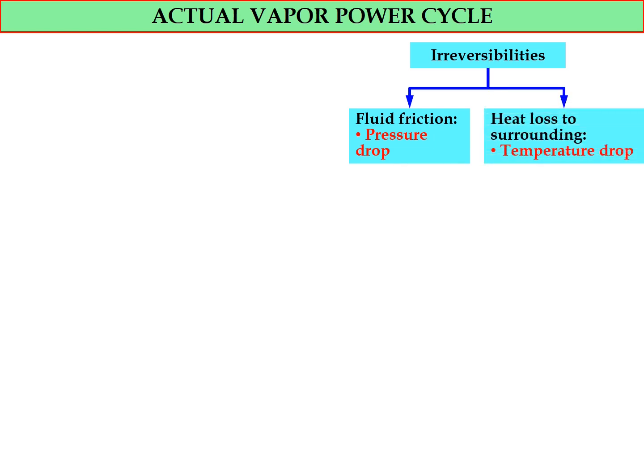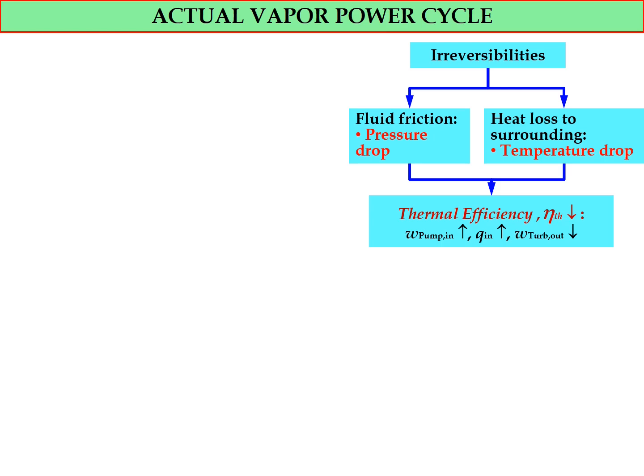And the second irreversibility factor is the heat losses to the surroundings. This second effect will cause the temperature drop throughout the process. So these irreversibility factors will cause the reduction of thermal efficiency for the Rankine cycle, because the value of W in that we need to supply to the actual Rankine cycle will be increased.